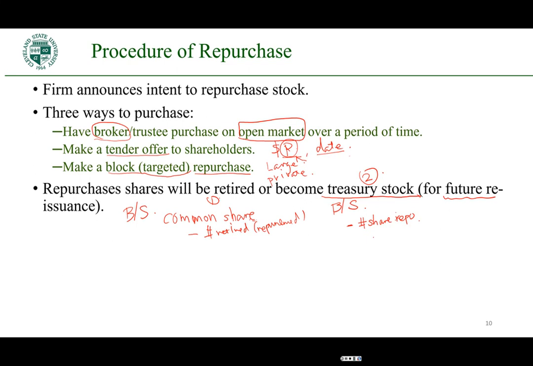It can be used for when they need additional funding, or they can be used for employee stock options. When their employees decide to exercise their stock options, the company will give the employee their stocks out of their treasury stock account.